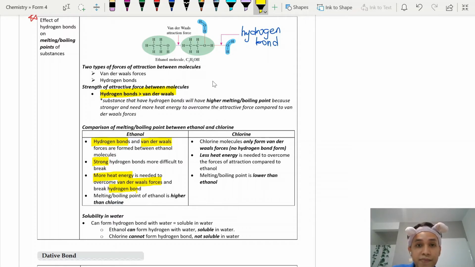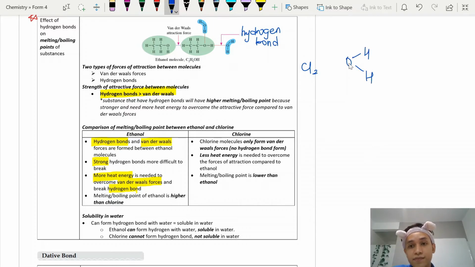Whereas for chlorine, Cl, this molecule here has no hydrogen, no oxygen, no fluorine, no nitrogen. So it cannot form hydrogen bonds with water molecules.